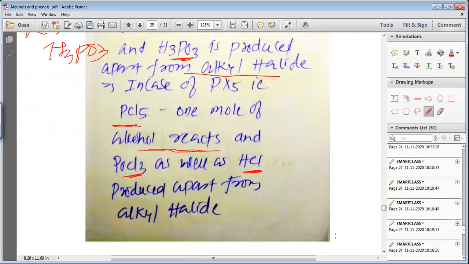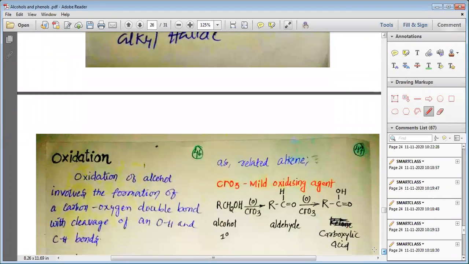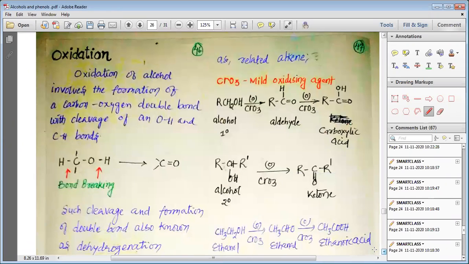So remember that by using the Lucas reagent or PX3 or PX5, we can produce alkyl halides from alcohols.